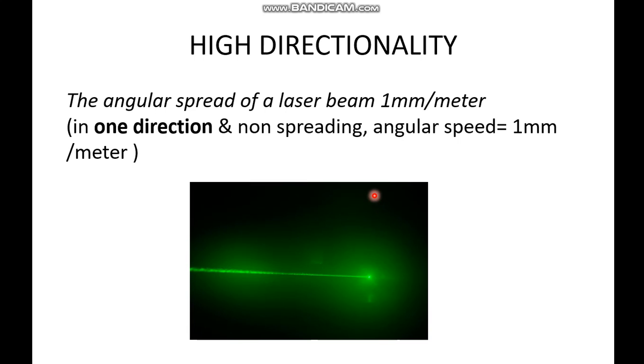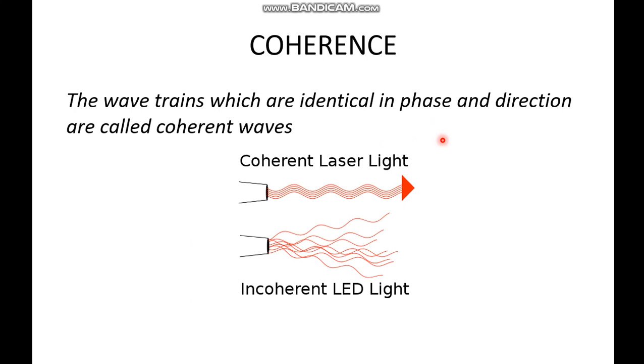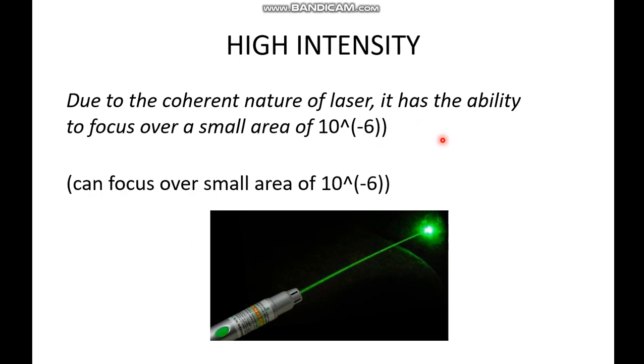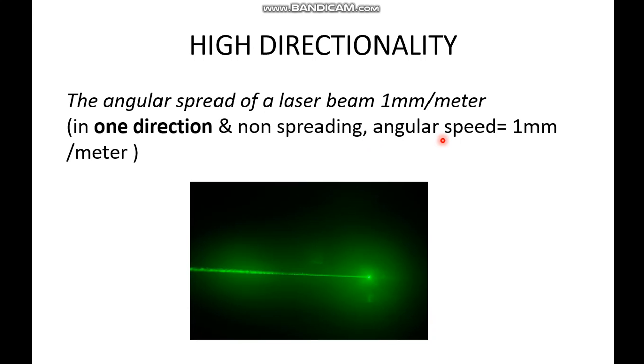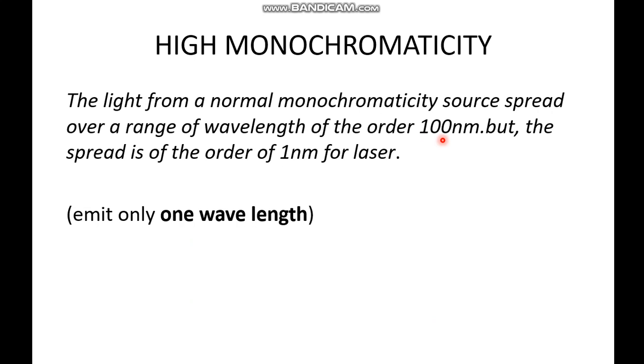Third one is high directionality. The angular spread of a laser beam is about 1 millimeter per meter, non-spreading. This high directionality is also because of the nature of coherence, because it's not spreading and is going in the same direction.